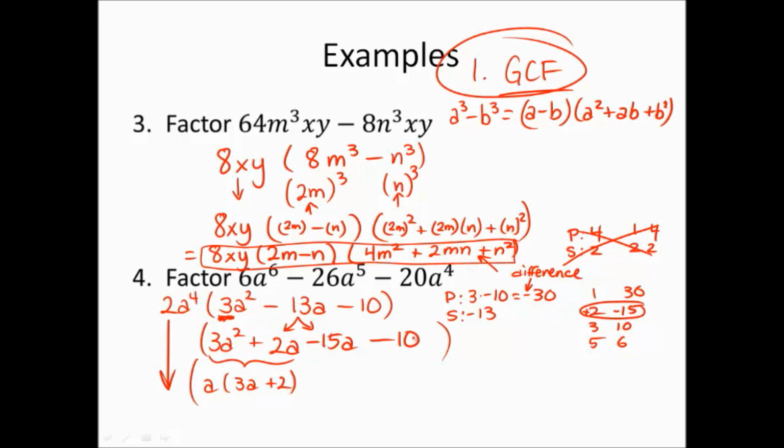In the second two terms, we've got a common factor of negative 5, because we want both terms to be positive, leaving us with 3a plus 2. Great. We've got the common factor of 3a plus 2, and we have a minus 5 left. And we cannot forget our greatest common factor.